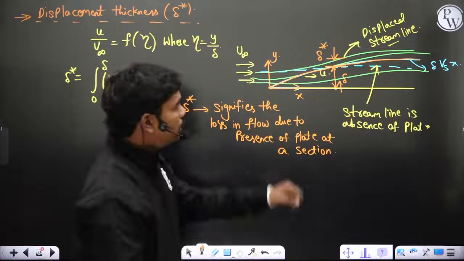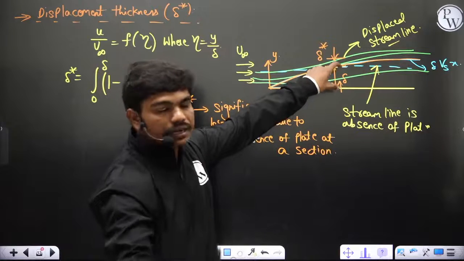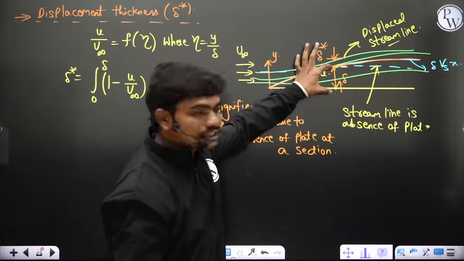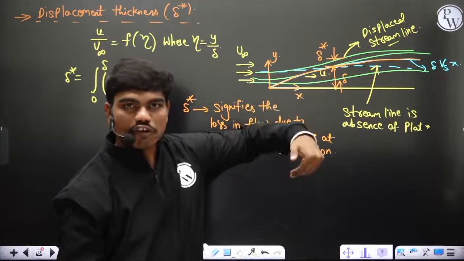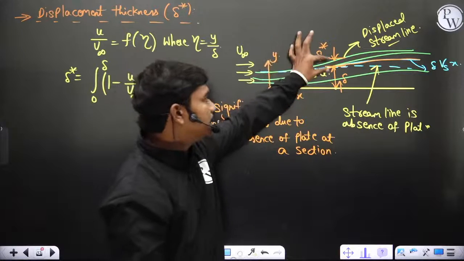Clear? If there is no plate, within the same section some amount of mass might have gone, but because of the presence of the plate, these streamlines have got diverted, and to this same section comparatively less mass will flow. So the gap between those is compensated by this delta star.